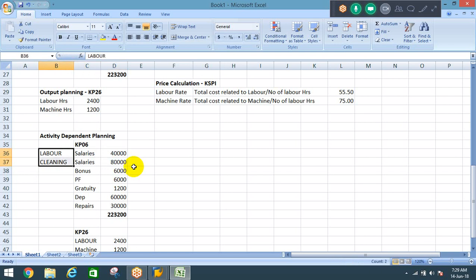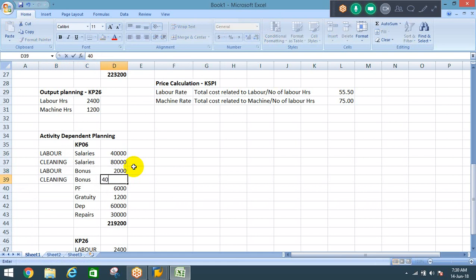So when we do the KP06 input planning, we need to split whatever cost we are planning into two activity types, two line items, and do the planning. Same with bonus: labor 2,000 and cleaning 4,000. You need to plan like this.